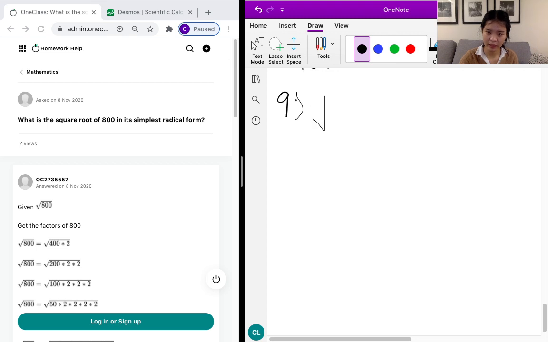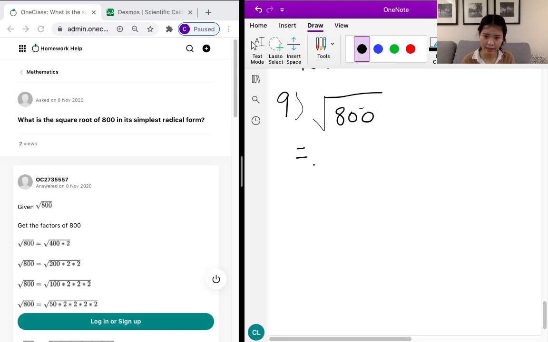So another simpler way of solving this type of problem is to try to find the biggest factor we can find, to simplify the process. Or we can try to find a perfect square factor of this number. That way the process of finding the simplest radical form would be faster.